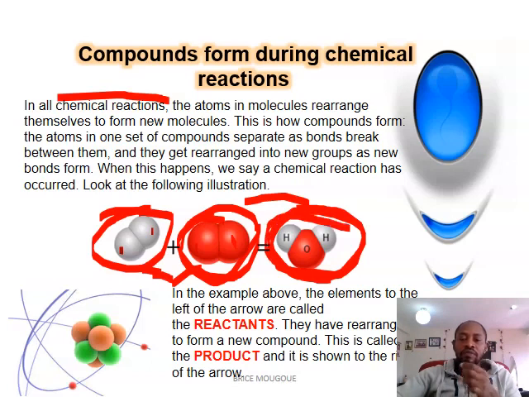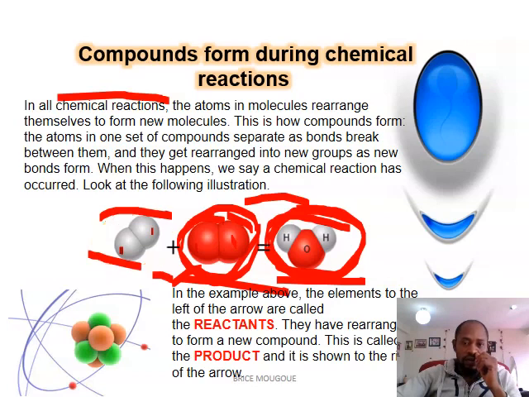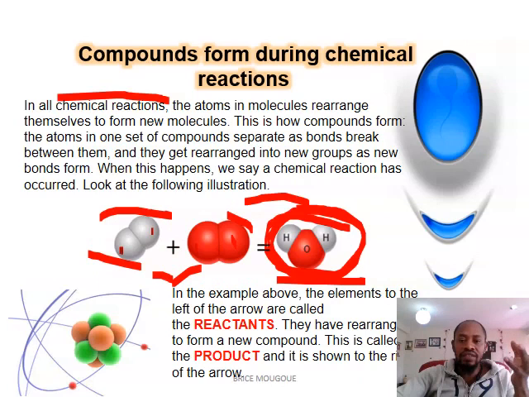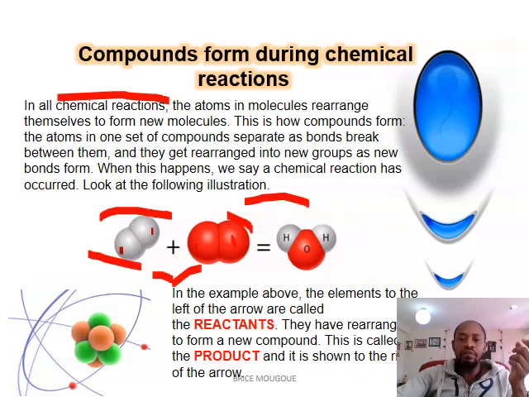For me to achieve this, there must be some sort of rearrangement of atoms, of individual molecules, of individual elements, such that I can then get the compound. So these atoms rearrange themselves in a specific way so that I can then have a compound being formed.